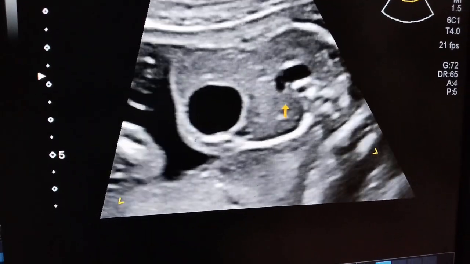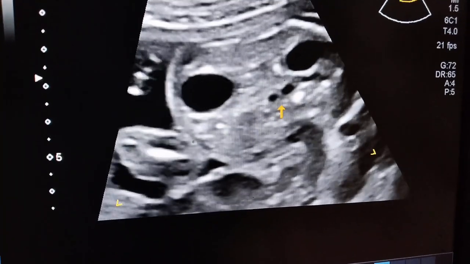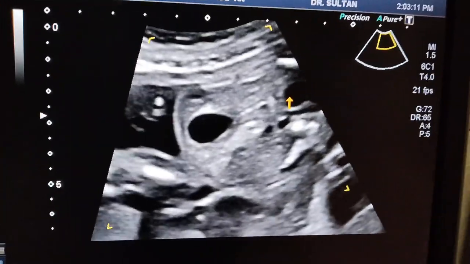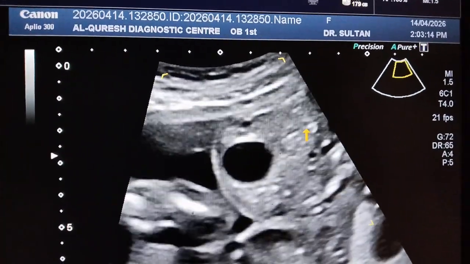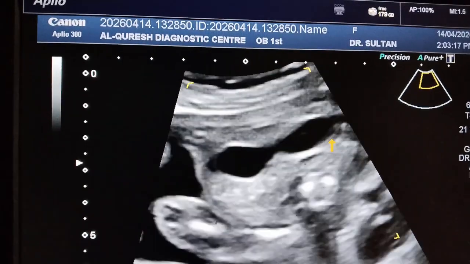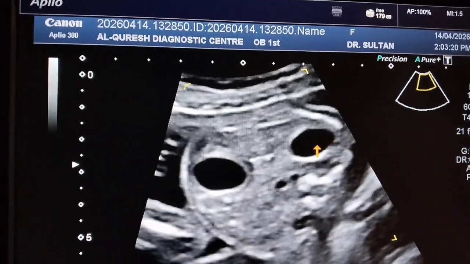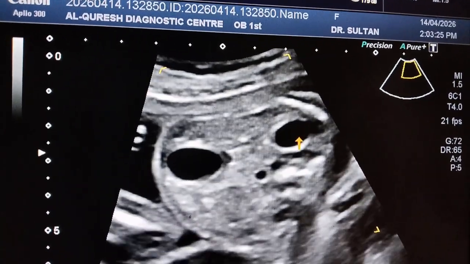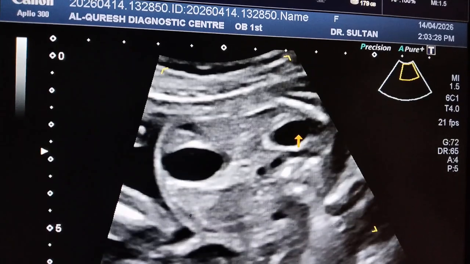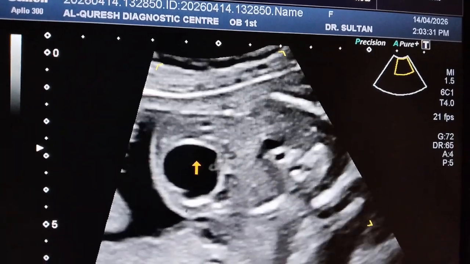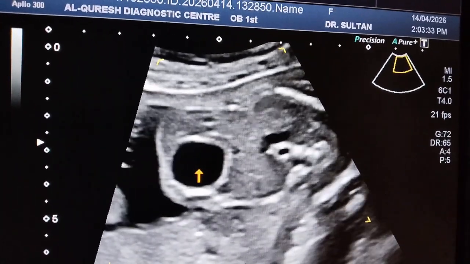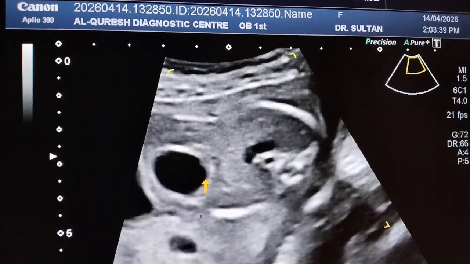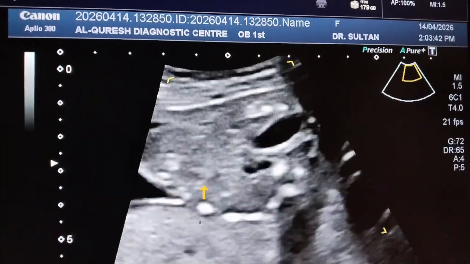And when we move toward the abdomen, look at this. These are anechoic structures: on the left side, that is the dilated stomach, and another dilated anechoic structure is on the right side, which is the dilated proximal duodenum. So this is another finding.